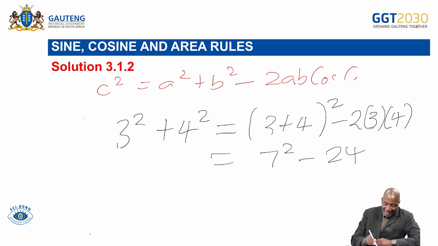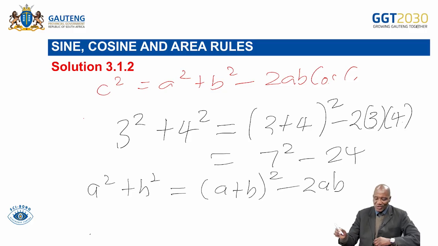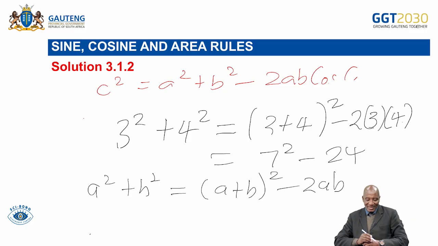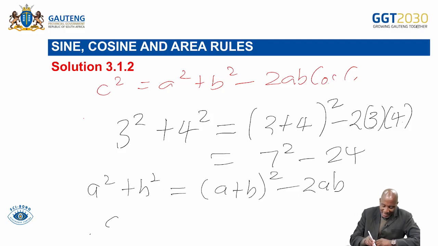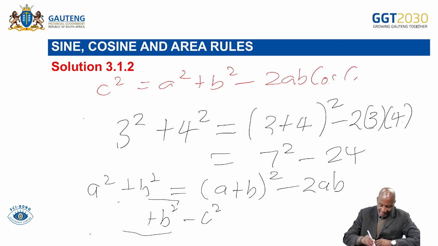So if it's letters a squared plus b squared and you want to combine them, you say a plus b squared minus double the product of those two. Then from there, that's where we had a squared plus b squared minus c squared. We treated this as being in brackets.